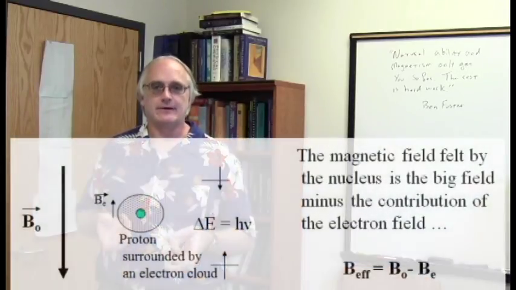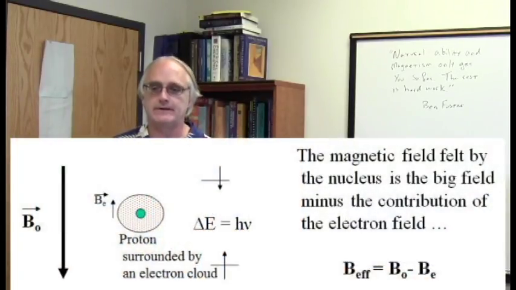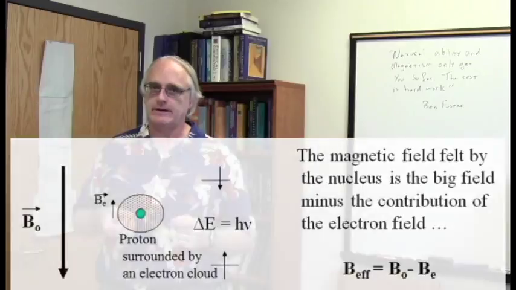And so we will often say what each individual proton feels in a molecule is not necessarily B naught, the big honkin' magnetic field, but what is sometimes referred to as B effective, the big honkin' magnetic field minus the diamagnetic contribution of the electrons. And the interesting thing about it is that contribution can change, mainly because the electron cloud around each of our nuclei can be different.